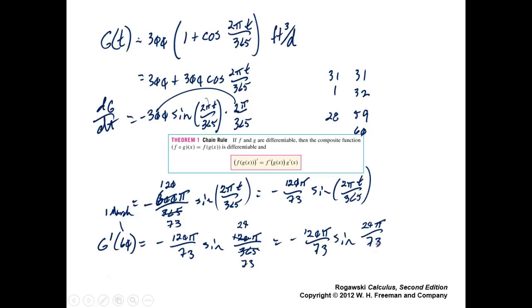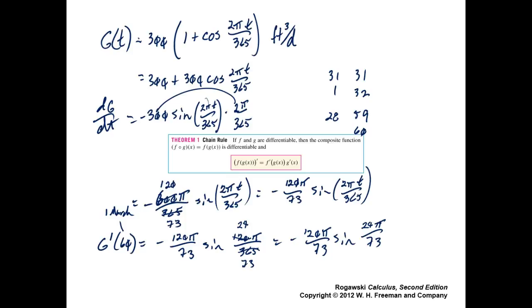Now, if you got a calculator, I would use a calculator on this. I don't have one up here. Yours will probably do it just as you go, right? So do the negation key, 120 times pi divided by 73, sine of, I open the parentheses for sine, 24 pi over 73. Close that parentheses.